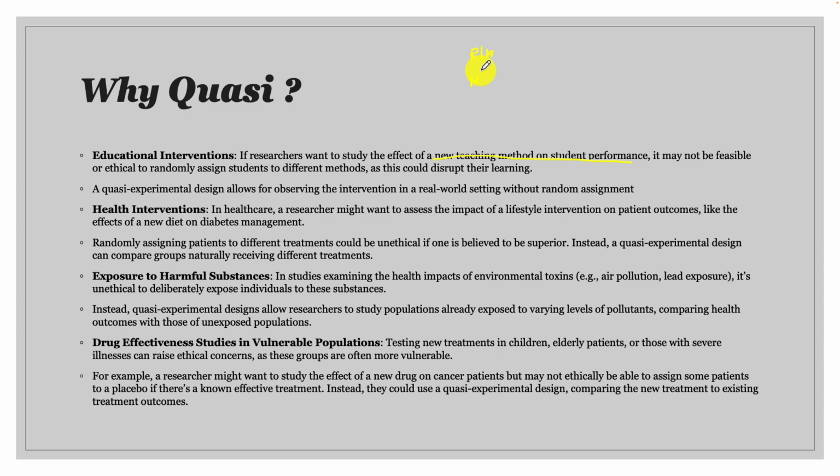And let's say we want to see if this new teaching method increases scores in both groups. Well, is this new teaching method more for normally functioning students? Are they going to get a better experience out of that? Or maybe the people in the remedial group, maybe that's more directed towards them.